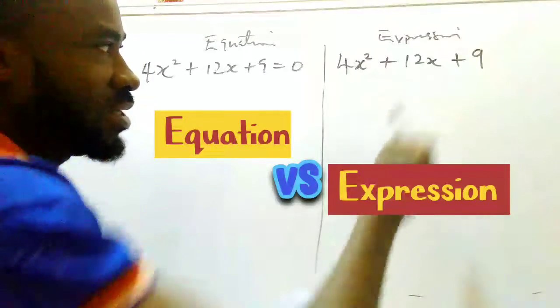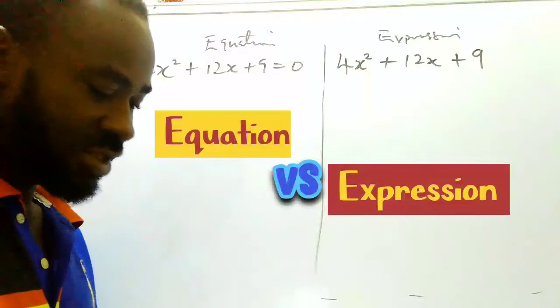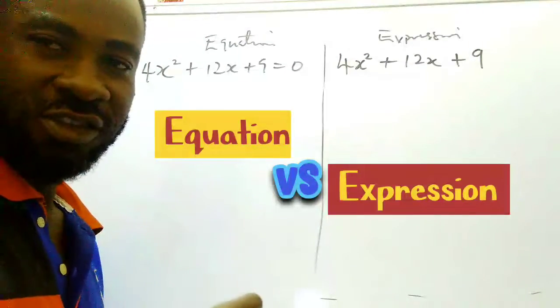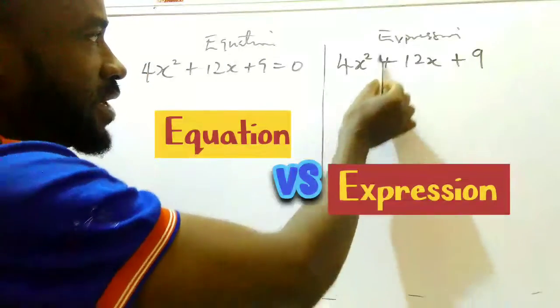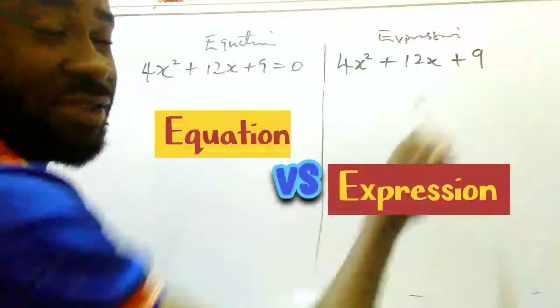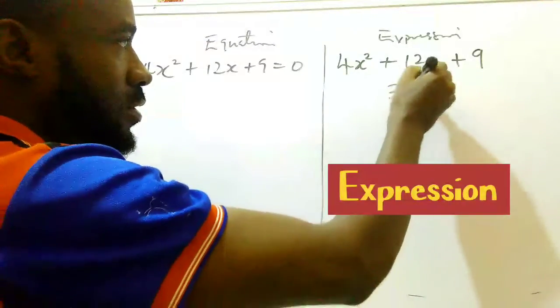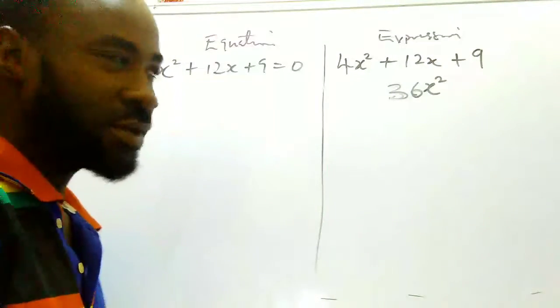So for an expression like this, we are going to factorize it. And if you are learning this for the first time, this is how to factorize a quadratic expression. The first thing to do is to take the first term here, which is 4x squared, multiply it by 9, and that will give us 36x squared. That's our first step.